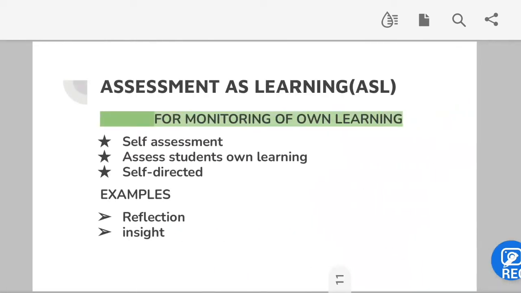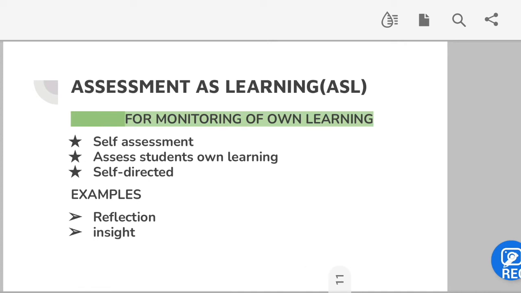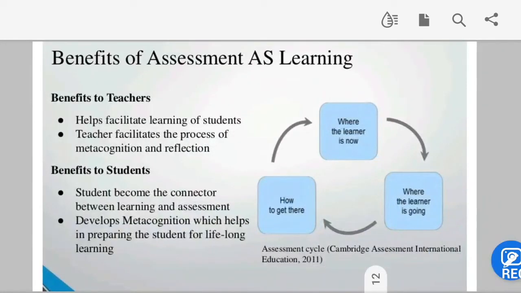Self assessment examples are reflection and insight, for monitoring our own learning. That is the main purpose of assessment as learning. The benefit for the teacher is that it helps facilitate the learning of students.